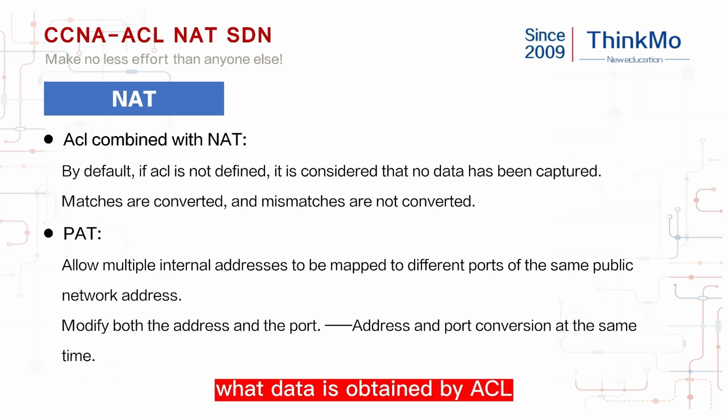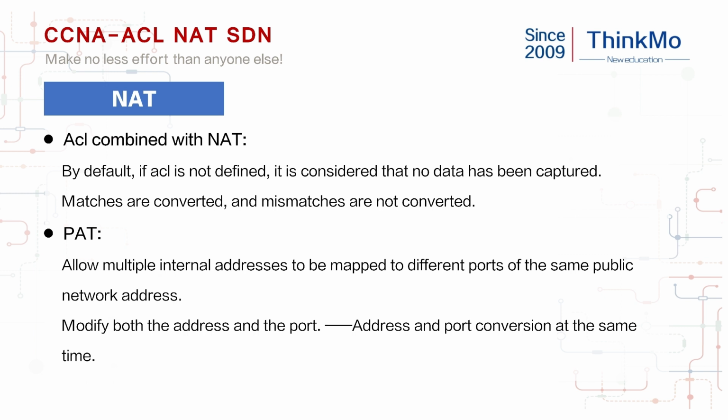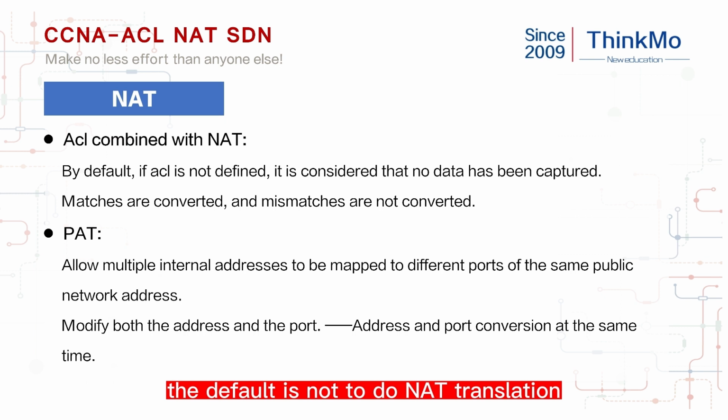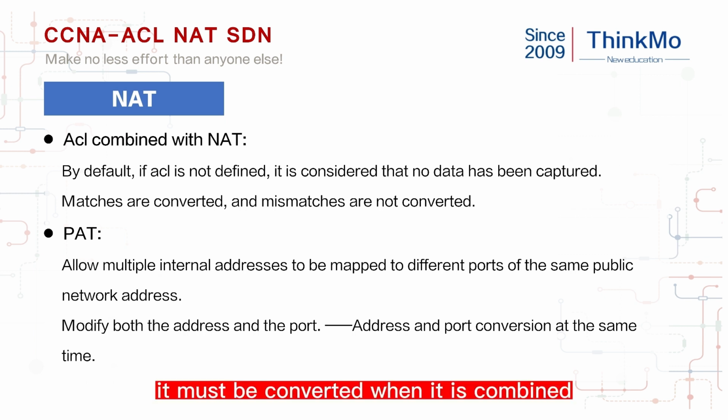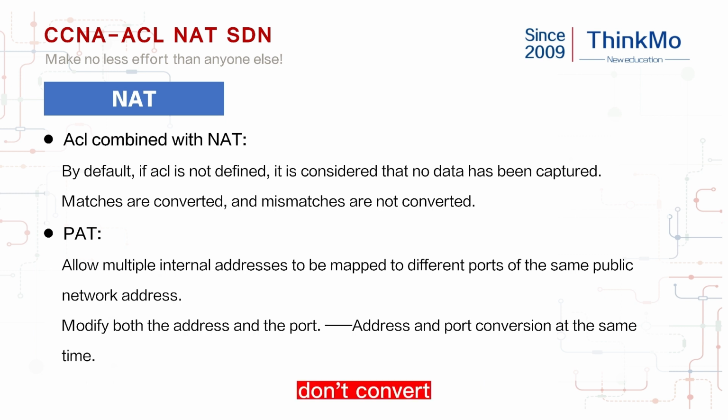That is, whatever data is obtained by the ACL, that data is converted by NAT. If you don't write any rules, the default is not to do NAT translation for any address. It must be converted when it is combined. If it doesn't match, it won't be converted, so I can't get online.